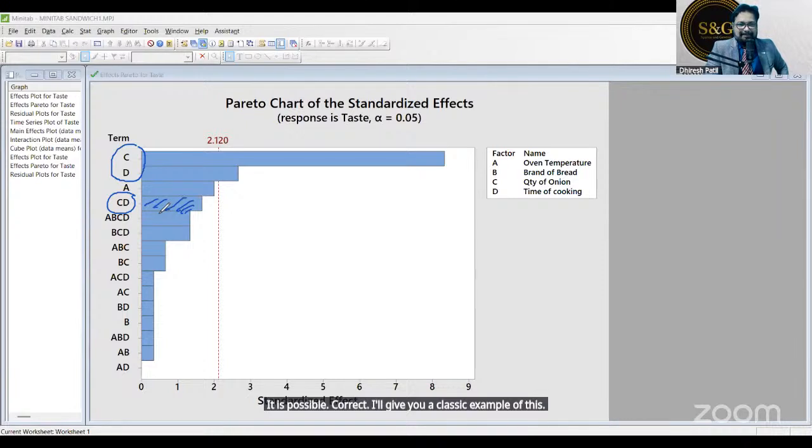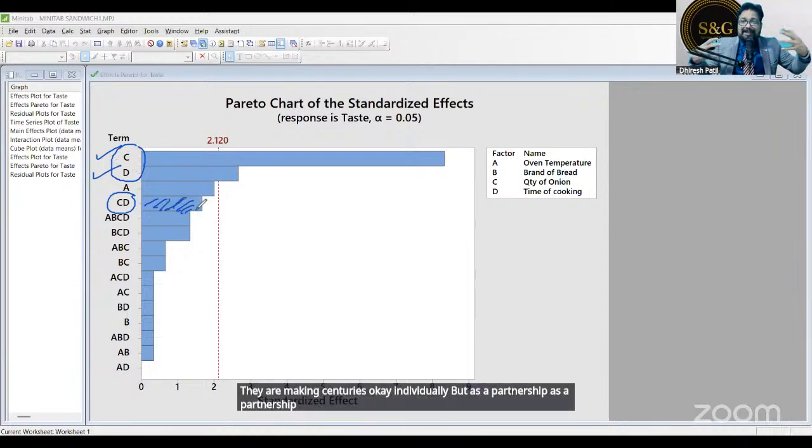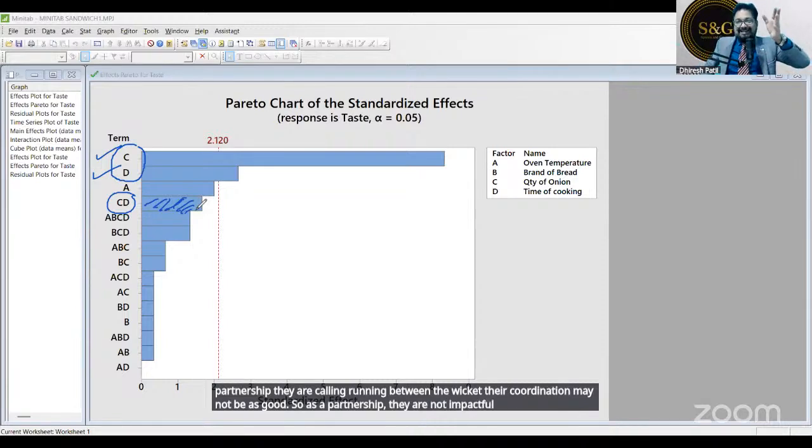Let's say Virat Kohli and Rohit Sharma are making centuries individually. But as a partnership, their running between the wickets and their coordination may not be as good. So as a partnership, they are not impactful, but individually both are making centuries and making an impact.